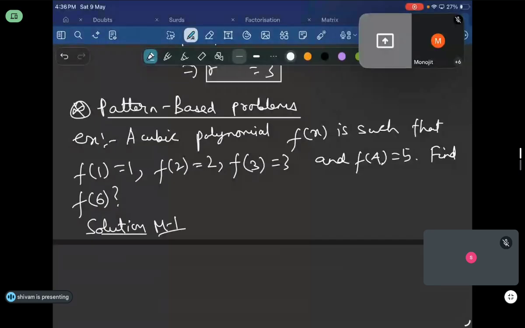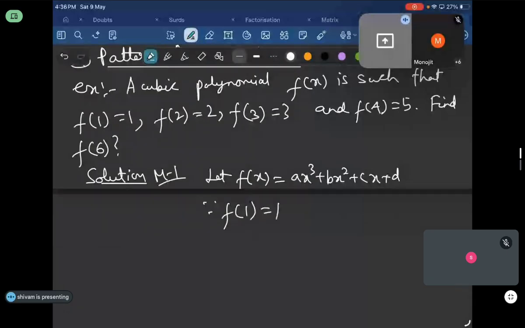Method 1. What you can do is, you know that it is a cubic polynomial, and 4 conditions are given to us. So let f of x be equal to ax cube plus bx square plus cx plus d. Since f of 1 equal to 1, we can say f of 1 is equal to a plus b plus c plus d, which is equal to 1.